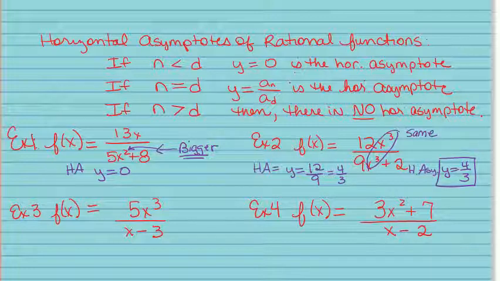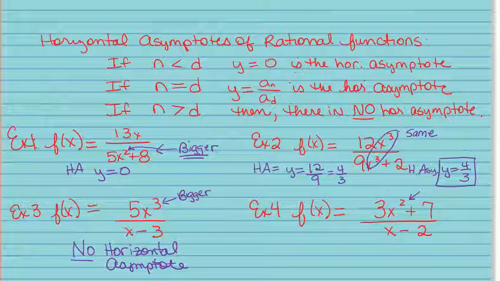Example 3, it's big on top. The numerator is greater than the denominator, and so there is no horizontal asymptote at all. Now, example 4 is the same situation. It is bigger on top, but it is bigger on top by 1.